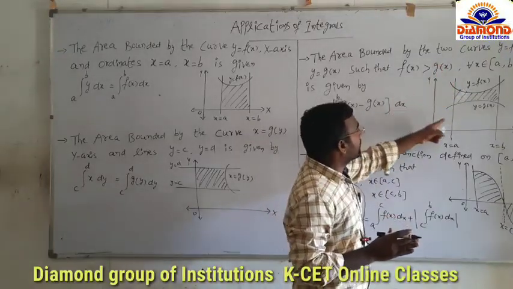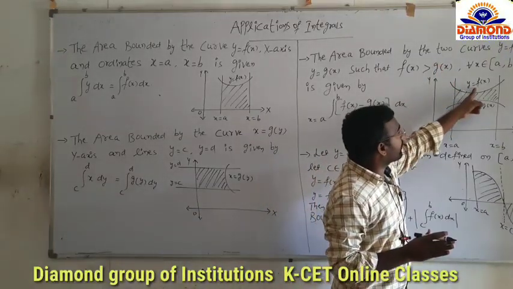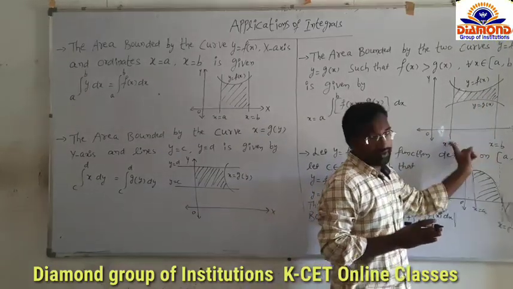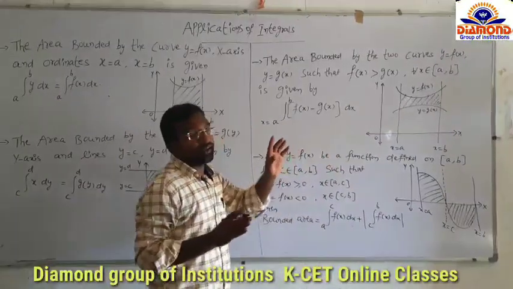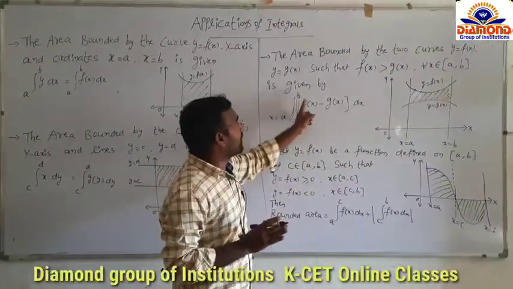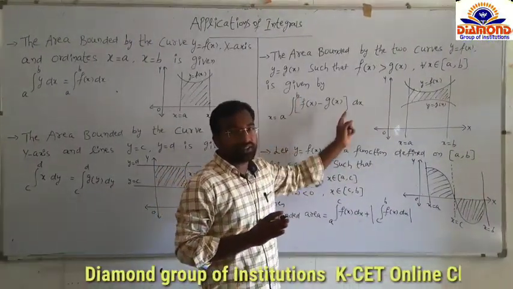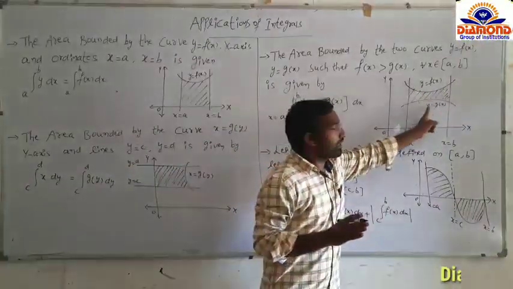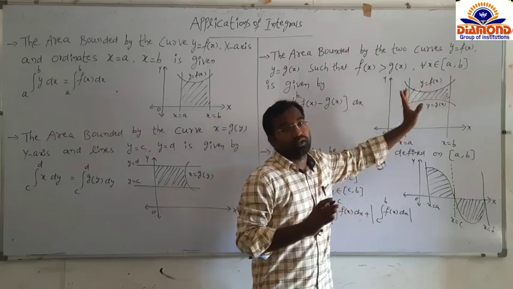So the diagram is like this. f of x is the upper side, g of x is the lower side, in between the lines a to b. At that time the required area is integration a to b f of x minus g of x dx. This is nothing but always taking the area as upper curve minus lower curve.